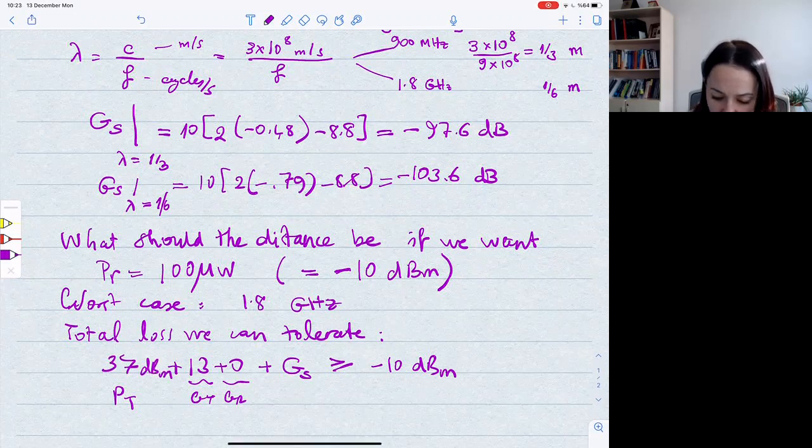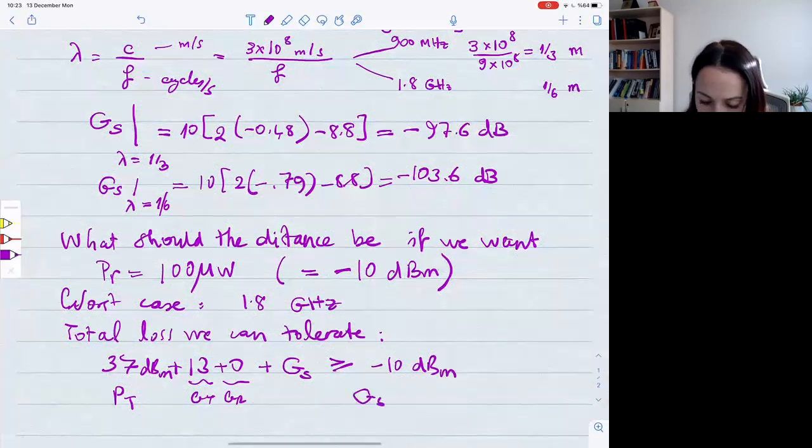Okay. So then 37 plus 13 is 50. Okay. So GS, oops, 50 plus GS is required to be bigger than or equal to negative 10. All right.